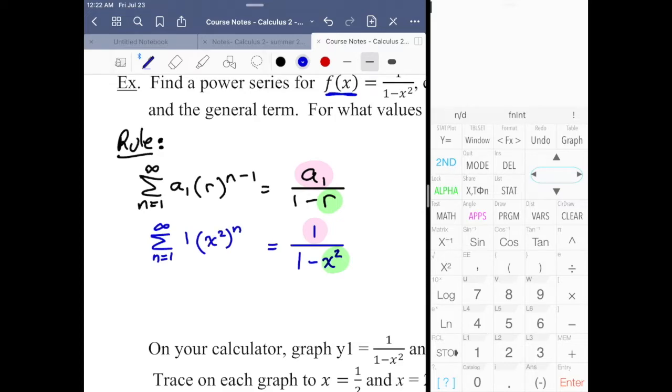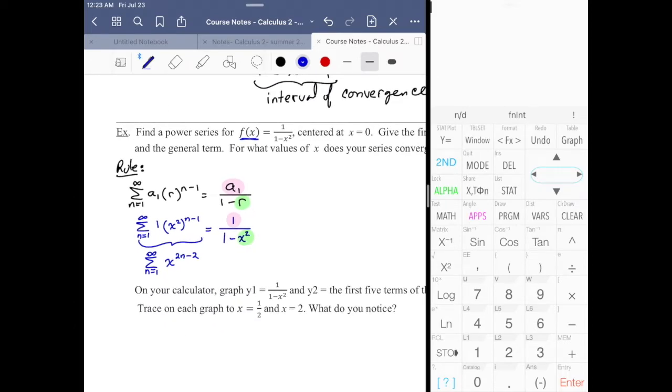So I can call this 1 times x squared to the n minus 1 power. Now that I have this series, I have to be thinking about, okay, when does it work? Does it work for all values of x? That'd be great. Does it work for only some of them? Hopefully more than some of them, but we'll settle for some of them depending on what we're looking for. So this is really the same as saying x to the 2n minus 2.